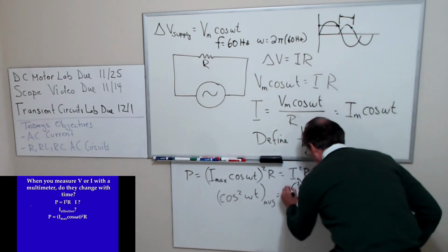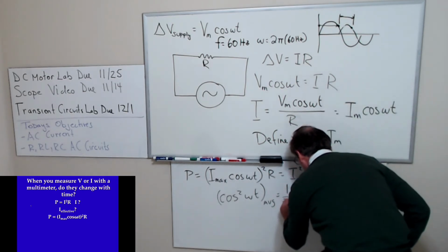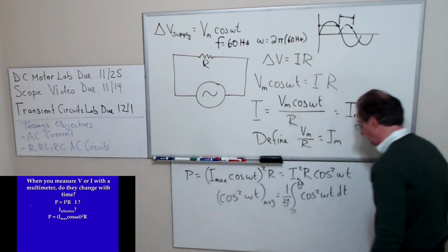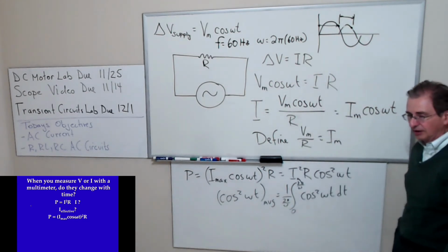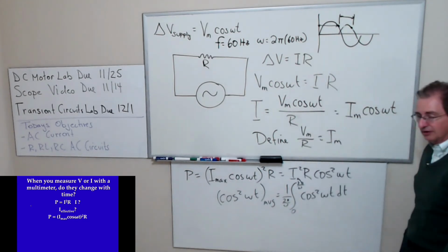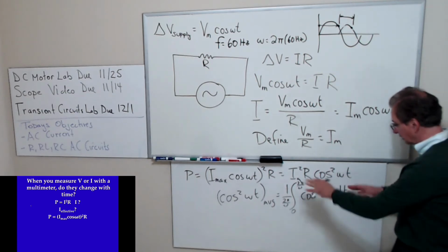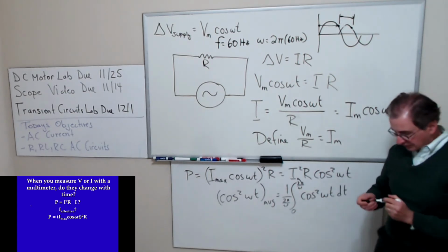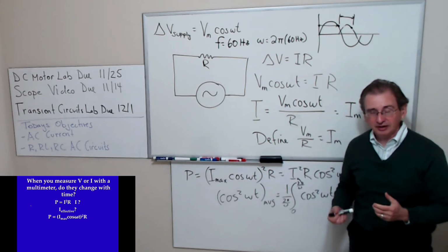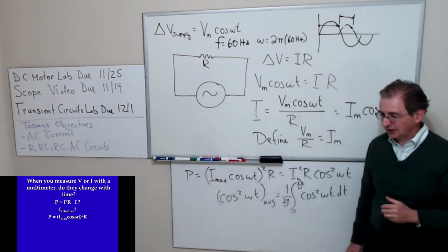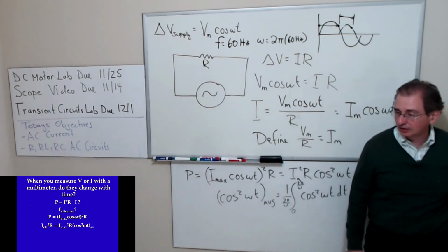And then you divide by 2 pi over omega. That's how you find the average of a function. I think you learned that in Calc 1 or 2. And so you'd have to integrate this and get the value. There's also an intuitive way to do it.